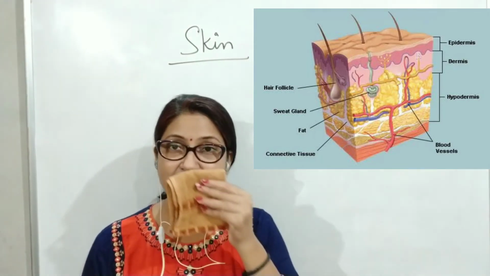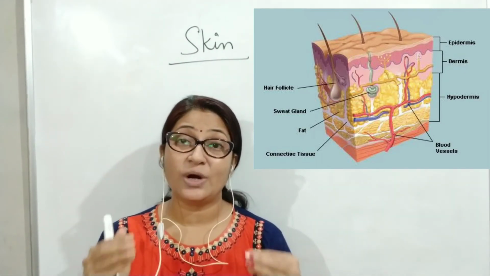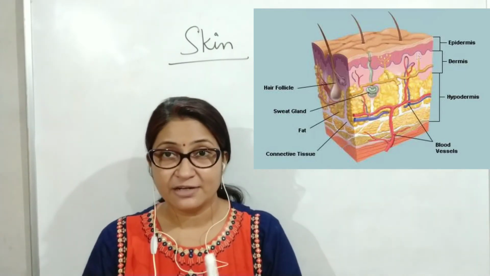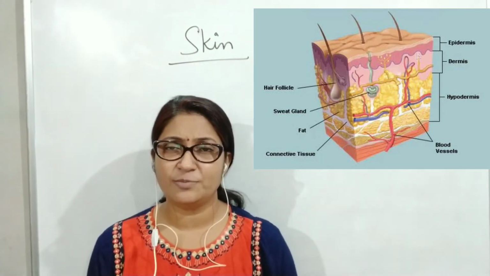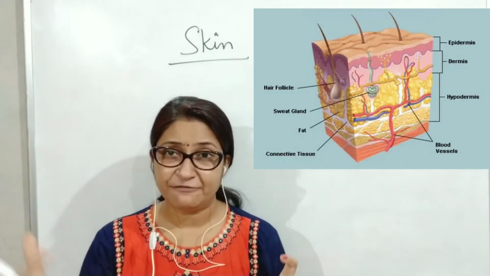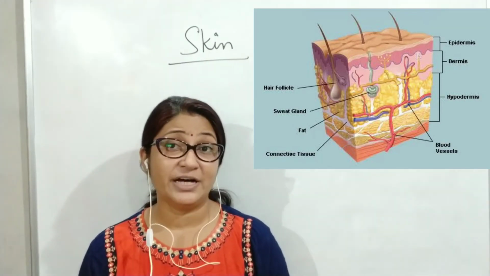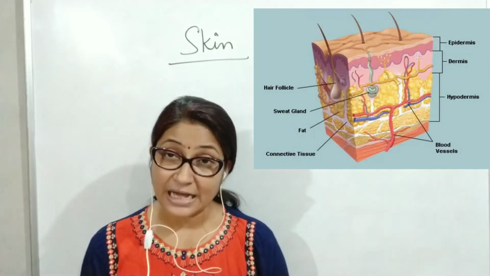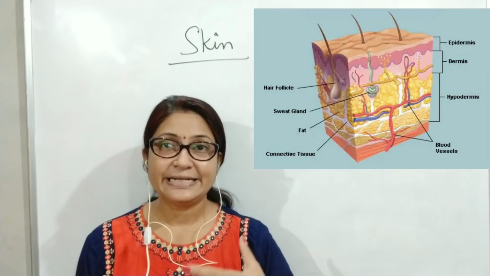Then apart from this, with the help of skin, you are able to identify whether an object is hot, cold, sharp, rough or smooth. Such things are identified with the help of the skin that we have. Again, the skin transmits the signal to the brain, and then the brain interprets it.